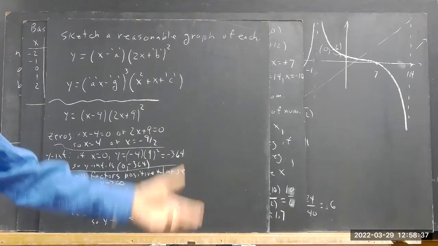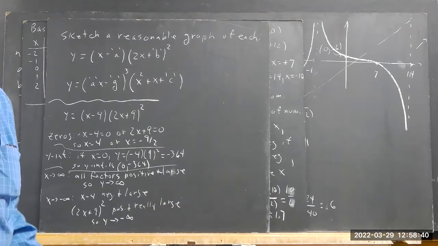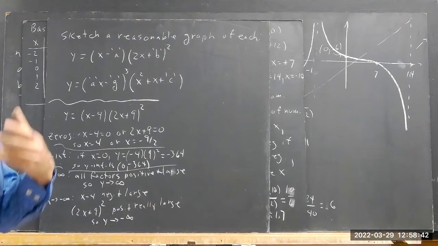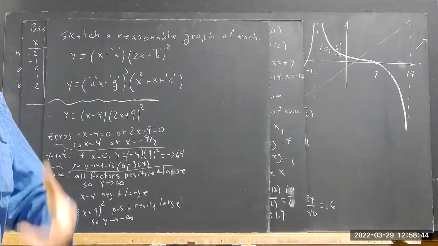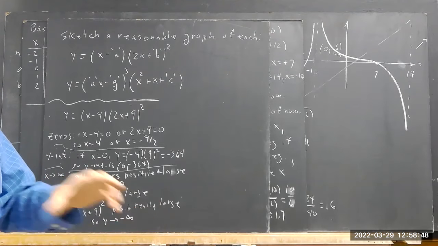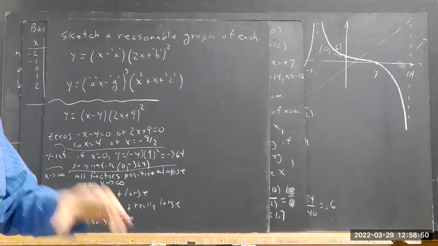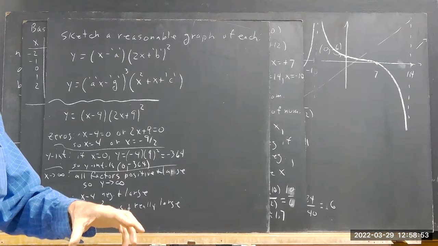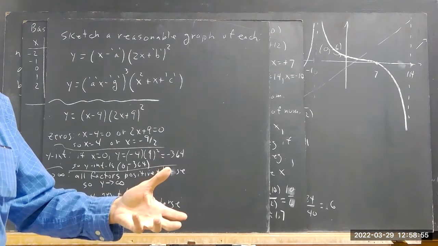Now, there are rules for the degree of the equation and all that stuff. I don't like memorizing rules when it's fairly easy to understand why the rules work. Because if you don't understand why they work, if your memory fails you, you're stuck. Okay?